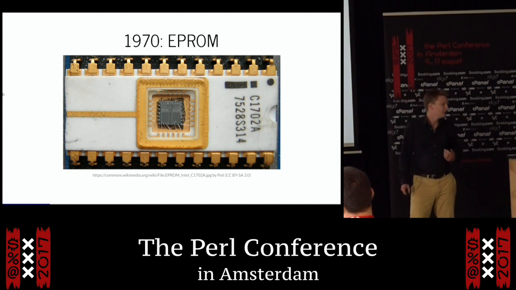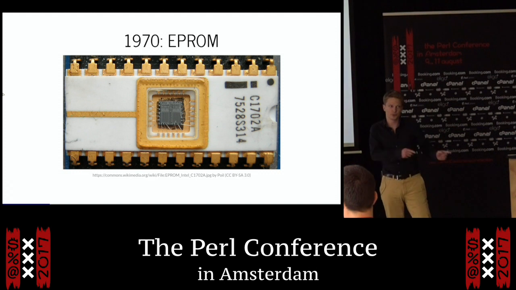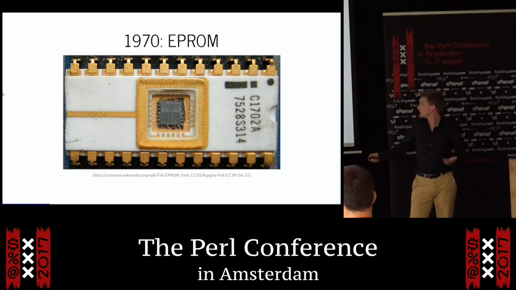We have EPROM, electronically programmable read-only memory. So it's a bit of a conflict: it's read-only, but you can program it. You program it once, then you can read it, and you cannot program it again until you erase it. And this is also the first semiconductor-based read-only memory.